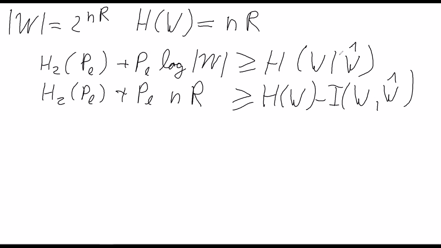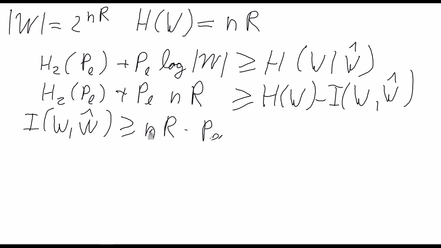Now, if you put this together, what do we have? If you put this to the other side, then the mutual information between W and W hat is greater or equal than, putting in n times R for H(W), n times R minus the error probability times n times R minus the binary entropy of the error.